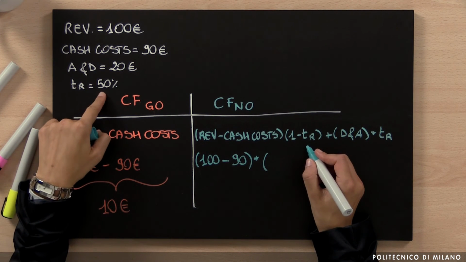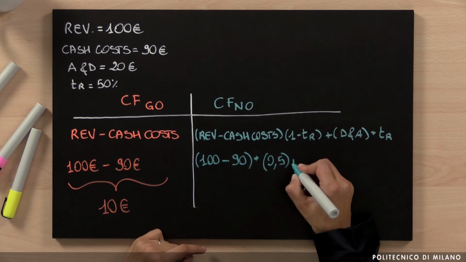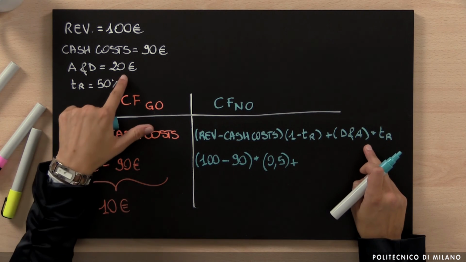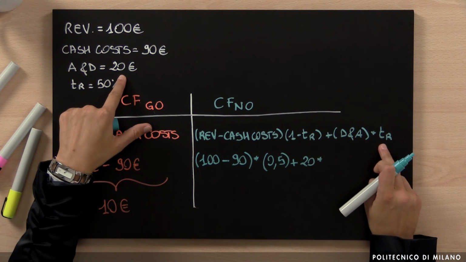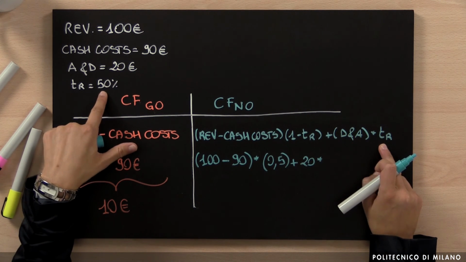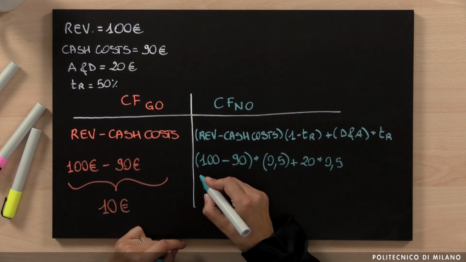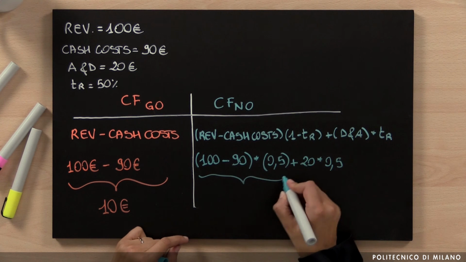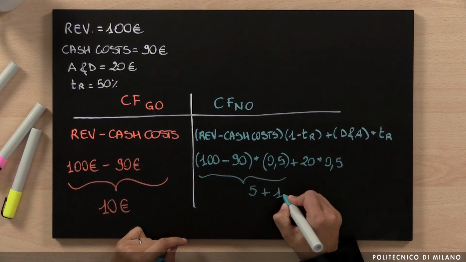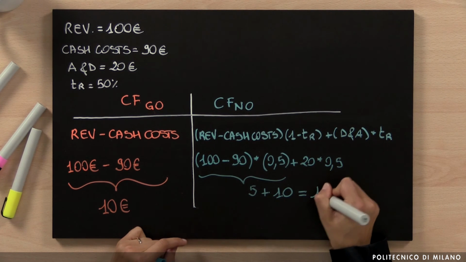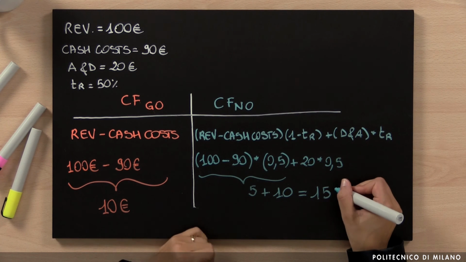In this case the tax rate is 50%, so we multiply by 0.5, plus depreciation and amortization, 20, multiplied by the tax rate, 0.5. So this component is 5 plus 10.